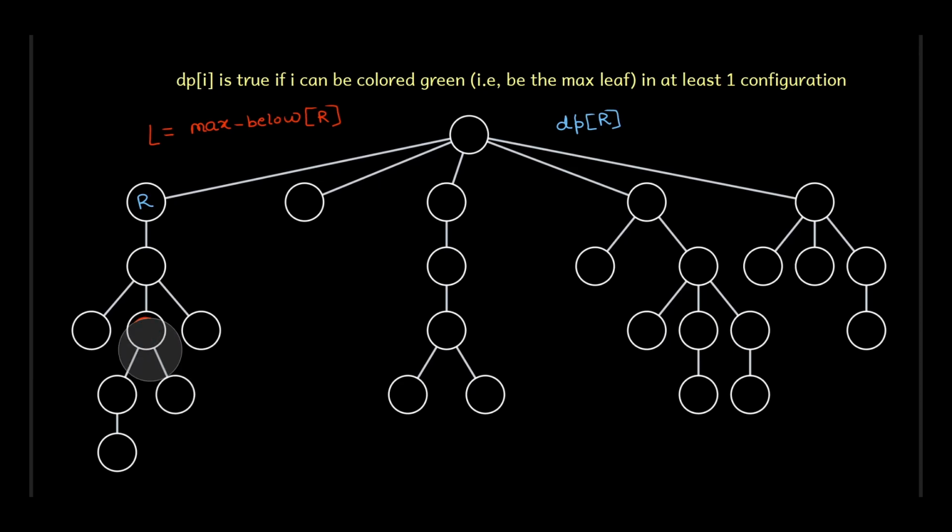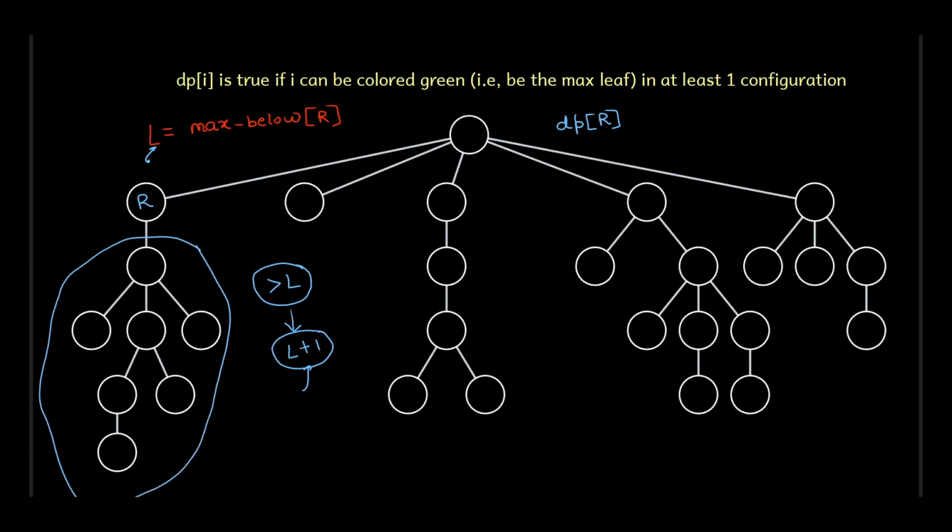Now the next thing that you do is, if this is your L, you know that you need something strictly greater than L to be exposed as a leaf somewhere. This means that you want the dp value of something strictly greater than L, so let's say dp of L plus 1, to be true. If it is indeed true, then it will be possible to clear out this entire subtree.